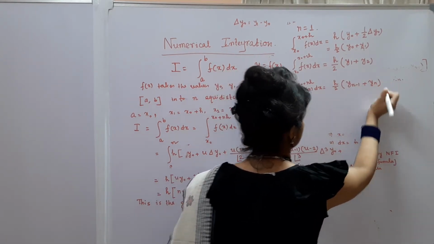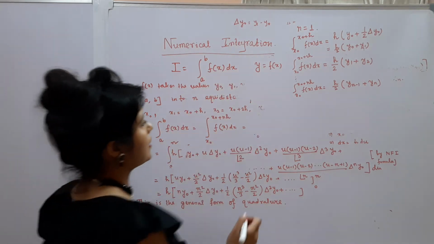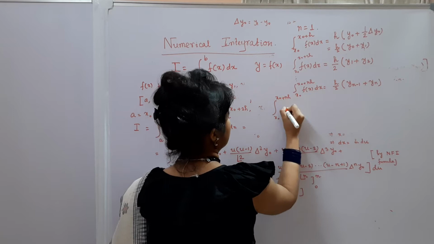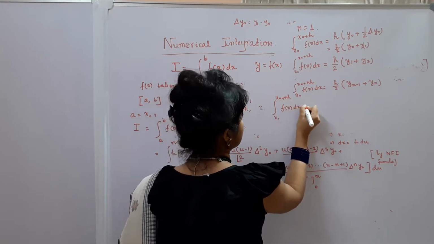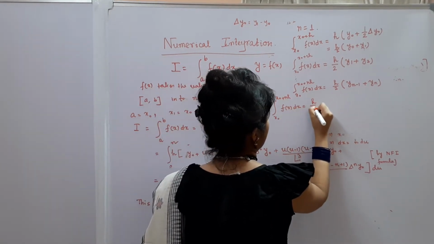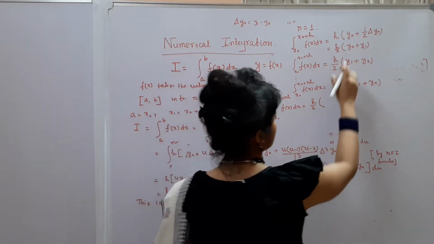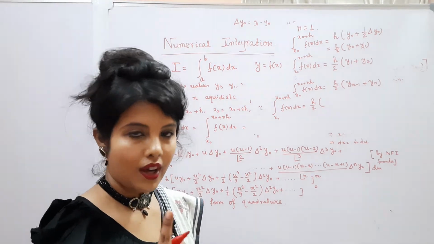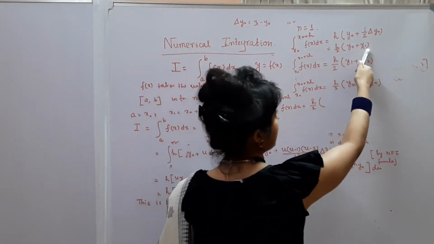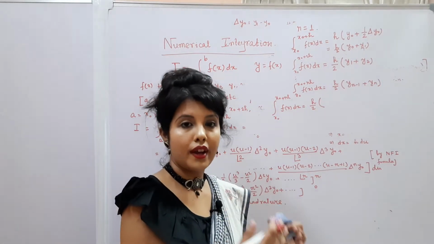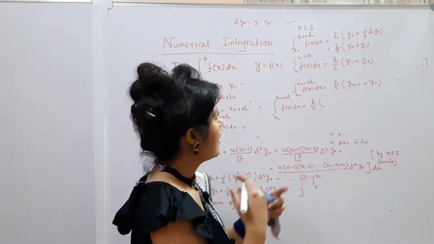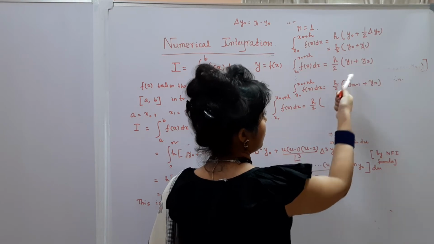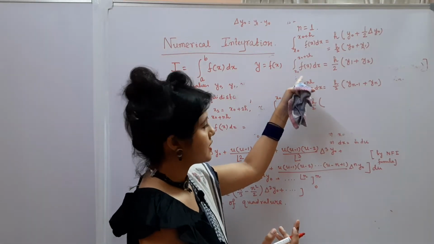Now if we add all these cases, the integral from x0 to x0 plus nh of f of x dx will give you h by 2 into, so here y0 and yn appear only once. But the remaining terms, that is y1, y2, y3 up to yn minus 1, appear twice, because y1 appears here and also in the next step.